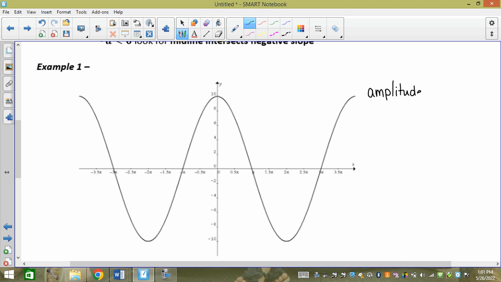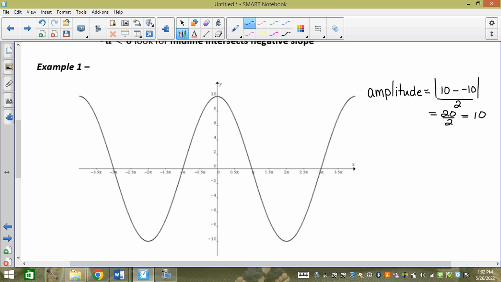Amplitude equals the absolute value of the max, which is 10, minus the min, which is -10, divided by 2. What's 10 minus -10? 20. What's the absolute value of 20? 20. What's 20 divided by 2? 10. Now let's check and see. Half the vertical distance should be our amplitude.